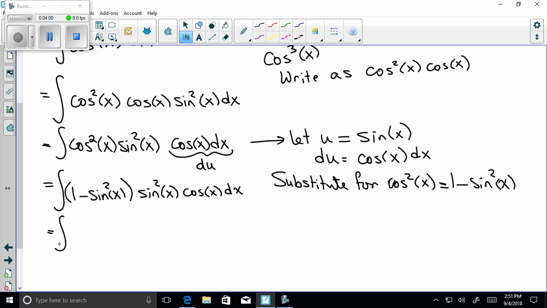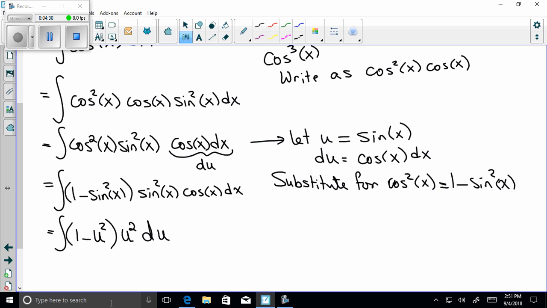So this is the integral 1 minus sine squared x is going to be what? u squared, right? Sine squared x, that's u squared, and cosine x dx is what? du. Look at this integral. There are no other things. Everything is all what? u, right? You've got to get to a point where it's all u.